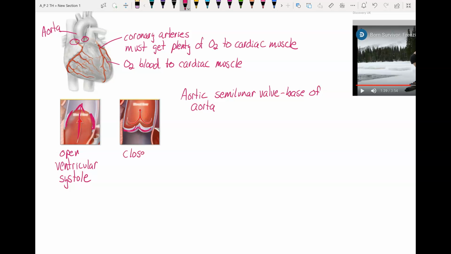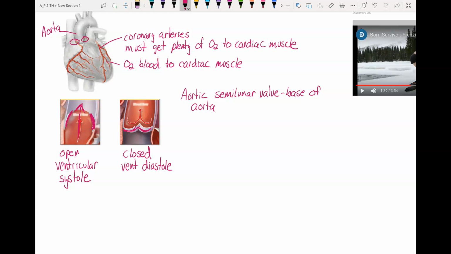That way blood doesn't flow from the aorta back into the ventricle. So it is closed during ventricular diastole. Diastole means relaxed. So when the ventricle is relaxed, it's not contracted, that's when this valve is closed.